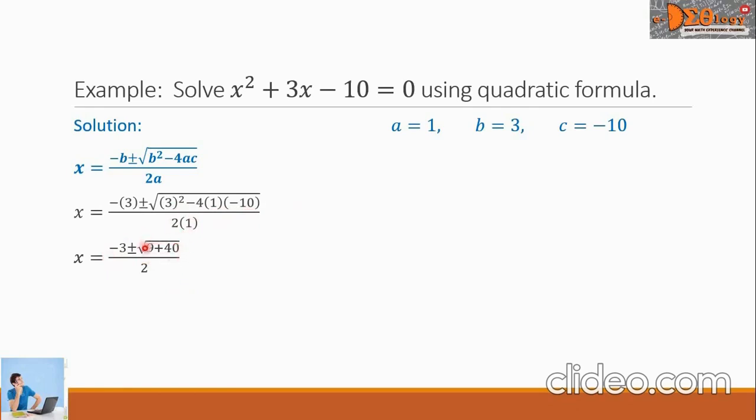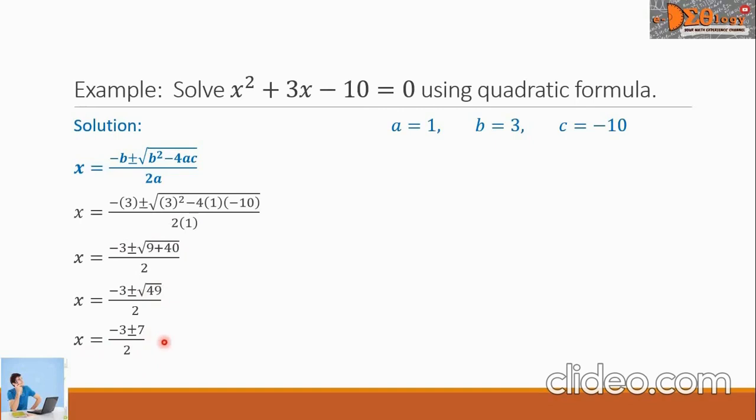Let us simplify this 9 plus 40. So we have 49. We know that this square root of 49 can be simplified into a whole number, which is 7. And from here, we're going to have two values of x.